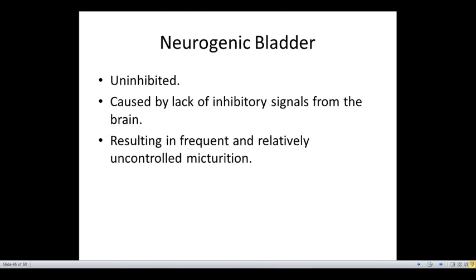Therefore, a neurogenic bladder is uninhibited. It is caused by lack of inhibitory signals from the brain, and it results in frequent and relatively uncontrolled micturition.